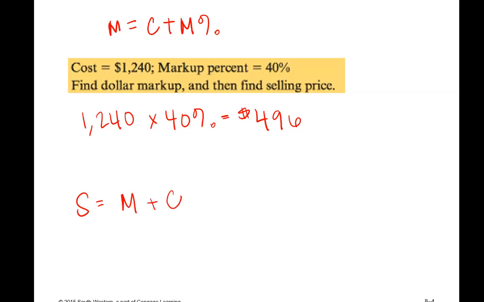Using this formula, again, we're just plugging in what we know. That's $496 plus the cost of $1,240, and this gives me a selling price of $1,736.